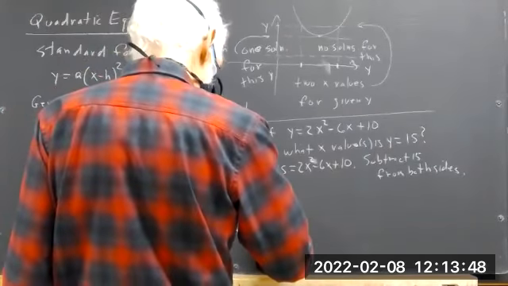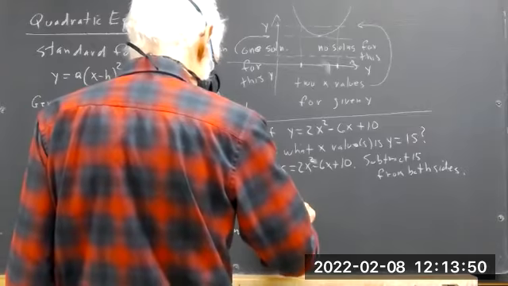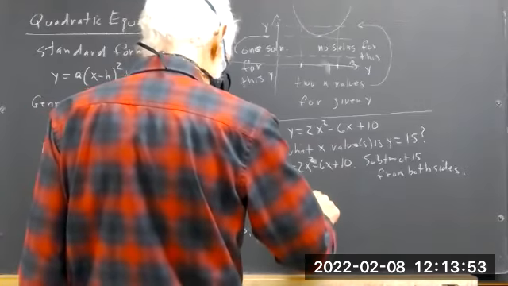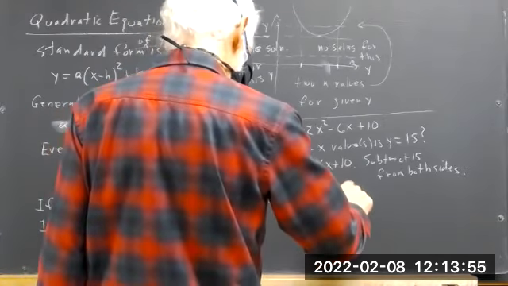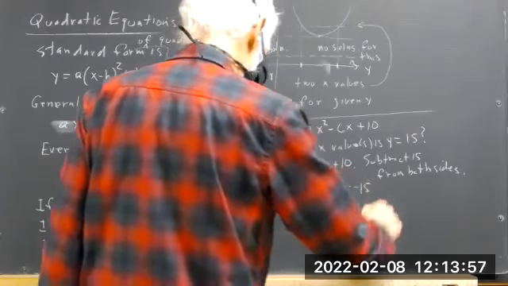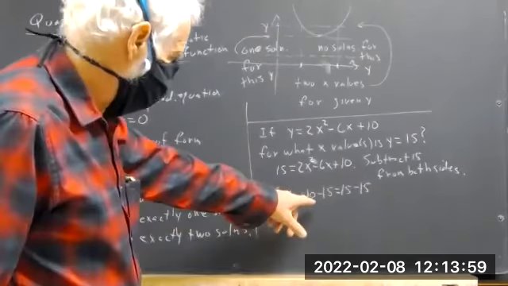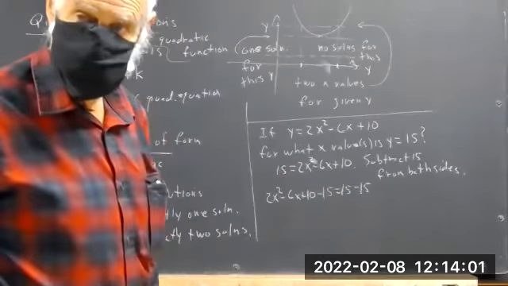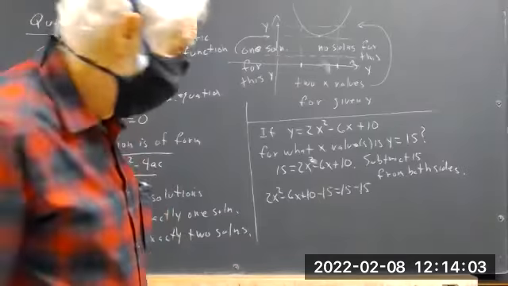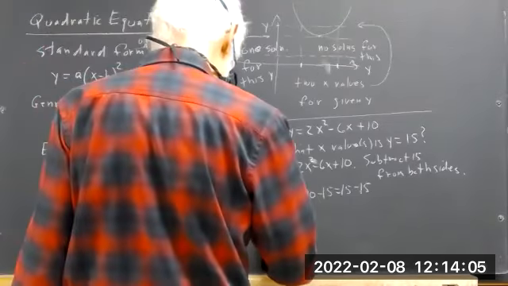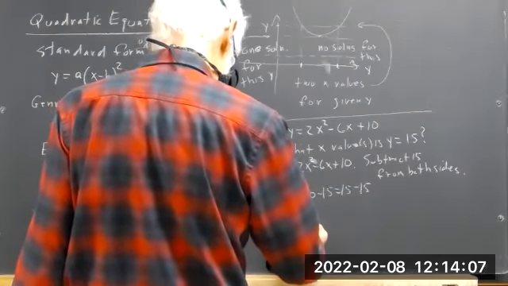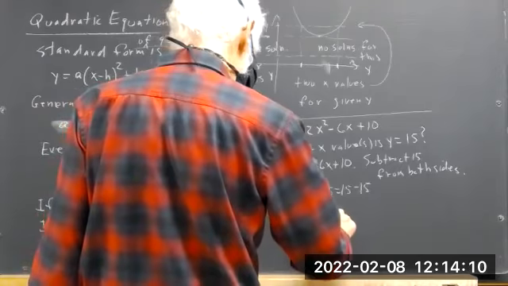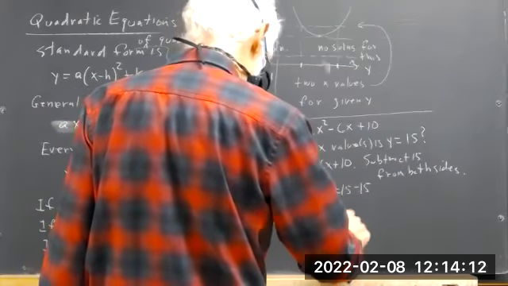So we get 2x squared minus 6x plus 10 minus 15 equals 15 minus 15. And that then gives us 2x squared minus 6x minus 5 equals 0.